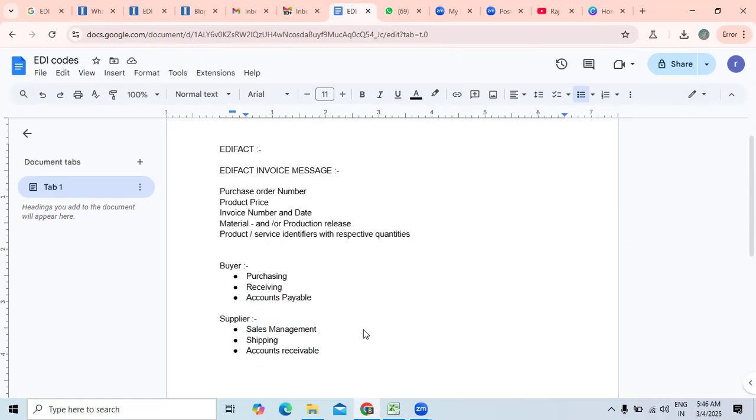One is the purchasing level, where sales management will receive the communication. The next is the receiving level, where shipping-related stuff will be covered. Last but not least, from the buyer to the supplier, where accounts receivable will be involved. So these are the three different aspects under EDIFACT invoice messages, which we normally handle when it comes to EDIFACT implementations.